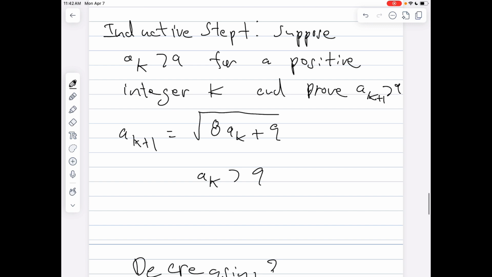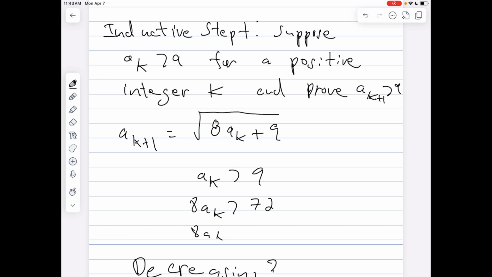I'm going to build up what's inside the square root. So 8 times a sub k would be bigger than 8 times 9, which is 72. So I'm using properties of inequalities. There's a property that says if you multiply both sides of an inequality by a positive number, it doesn't change the inequality. So if you have a greater-than inequality multiplied by a positive, it stays as is.